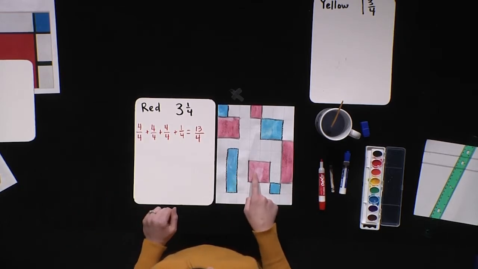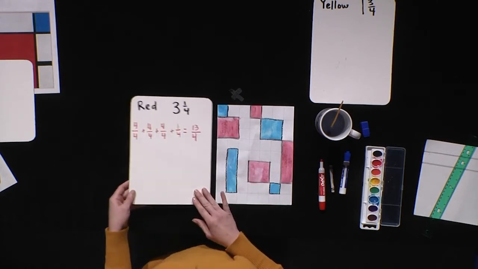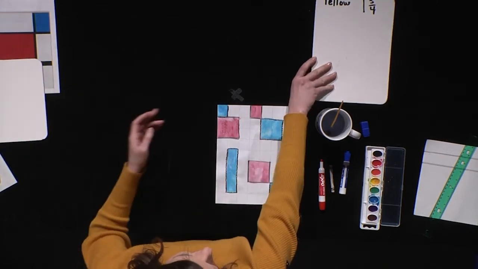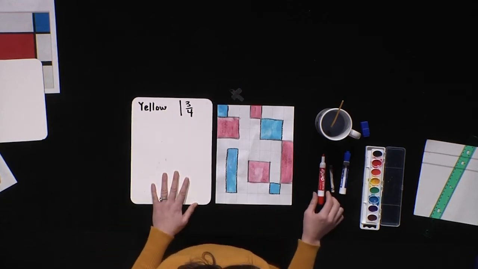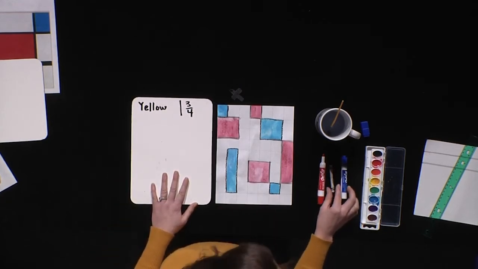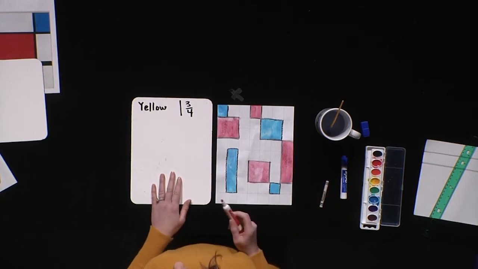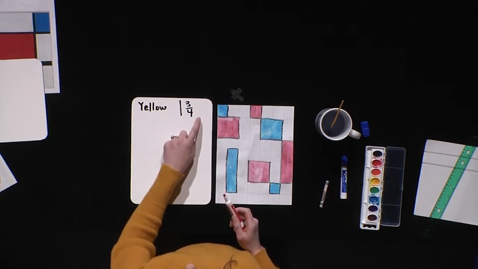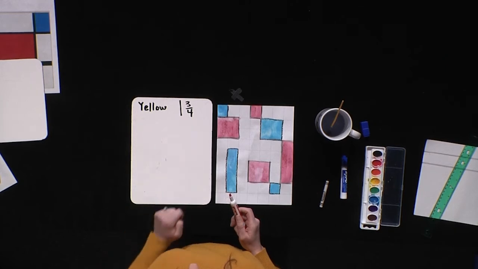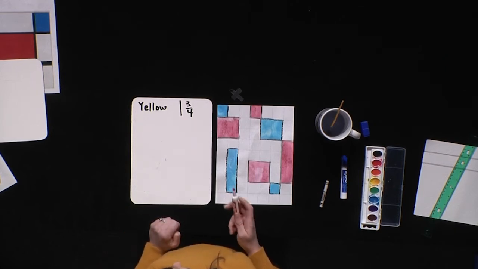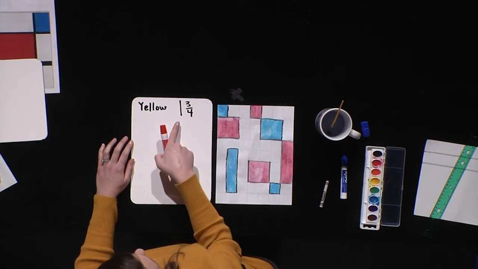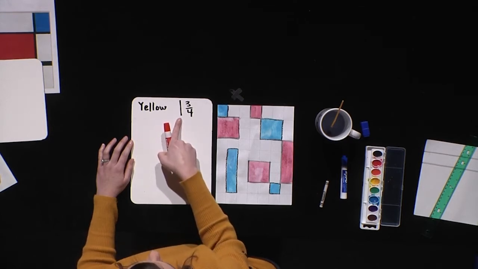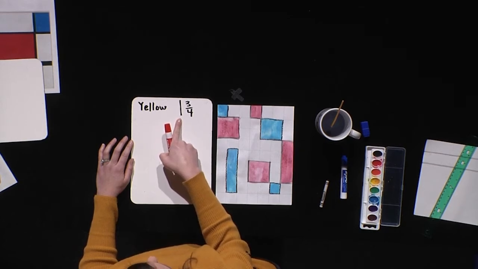Okay, now remember, Mondrian had a couple of colors. He had the blue, he has the red, but he also used yellow. So we're going to go ahead and create our yellow piece so we can replicate him with his color blocking. And we're going to need to decompose. Do you remember what kind of number this is? A mixed number, that's right. We need to decompose him so we can make our improper fraction. So 1, how could we decompose or rewrite 1 to make it look like a fraction?